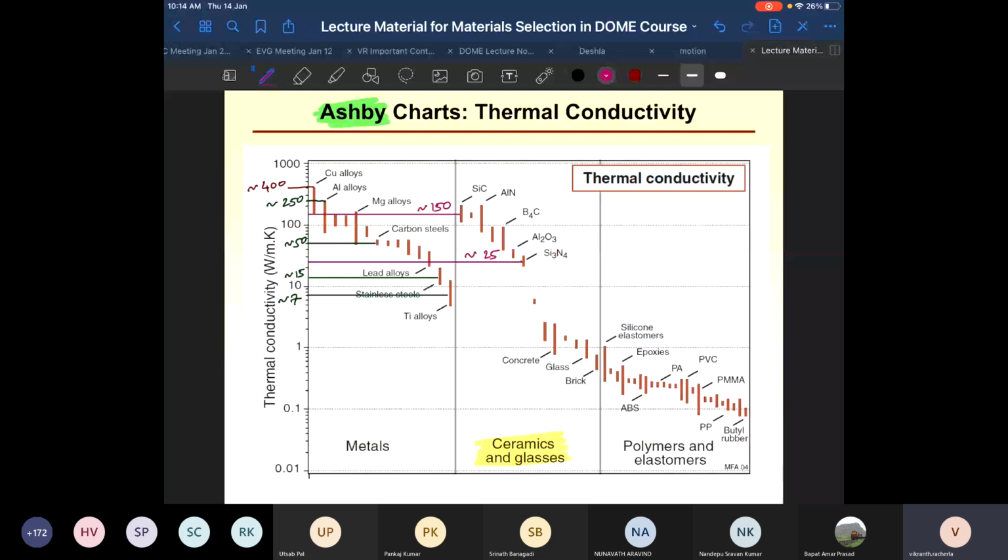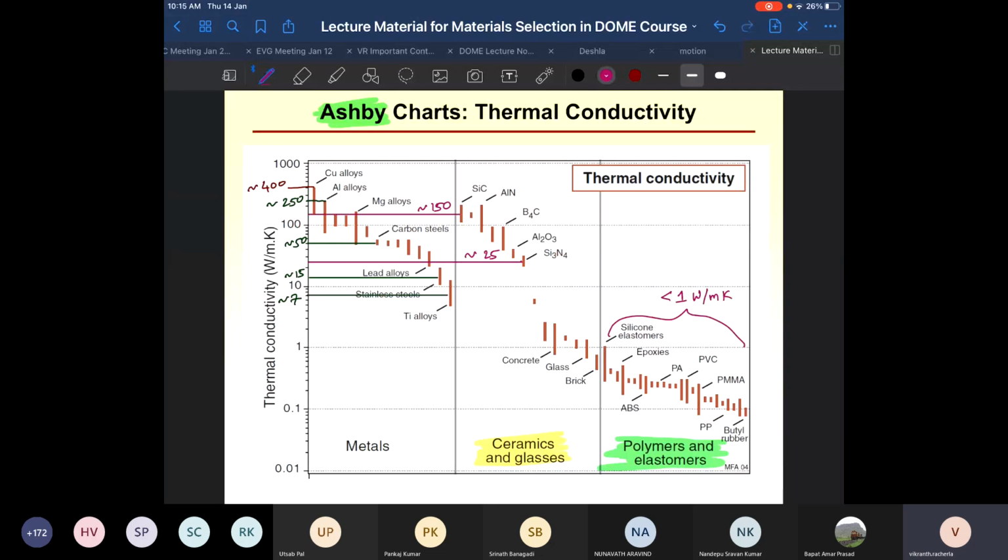And what about polymers? Polymers have a pretty low thermal conductivity. All of these have a thermal conductivity of less than 1 watt per meter Kelvin, depending on what you're dealing with.